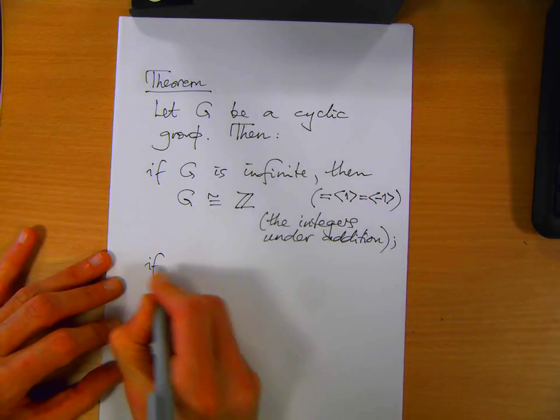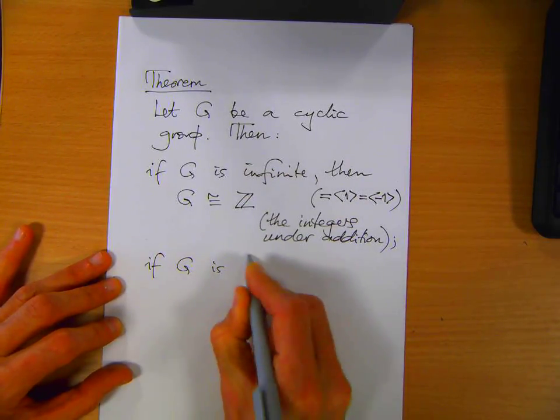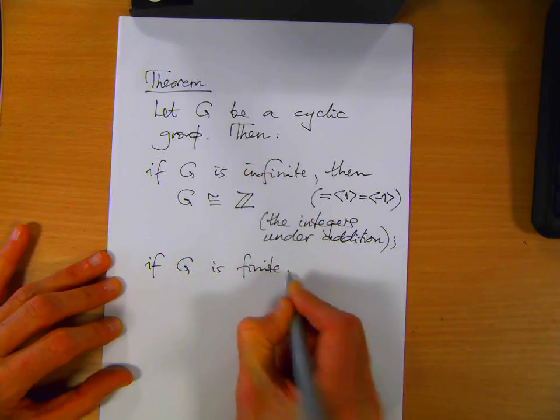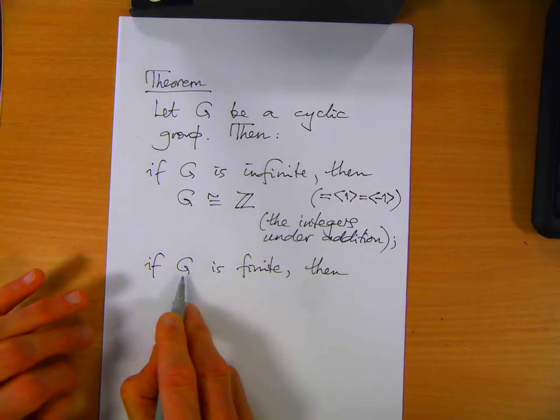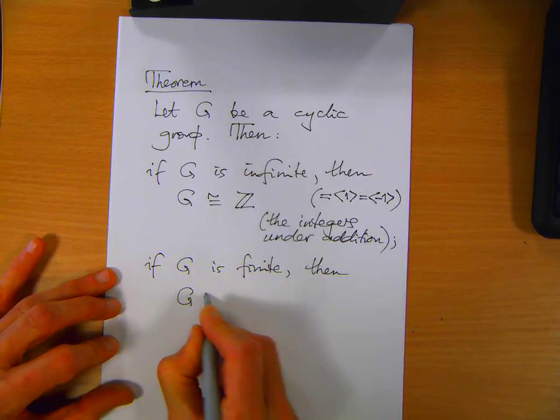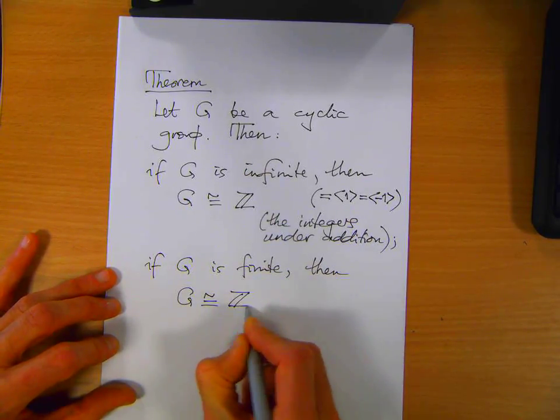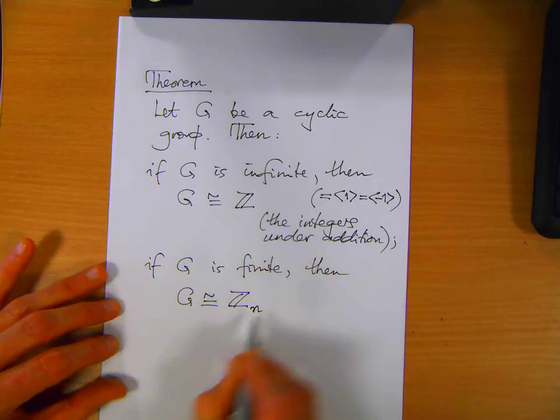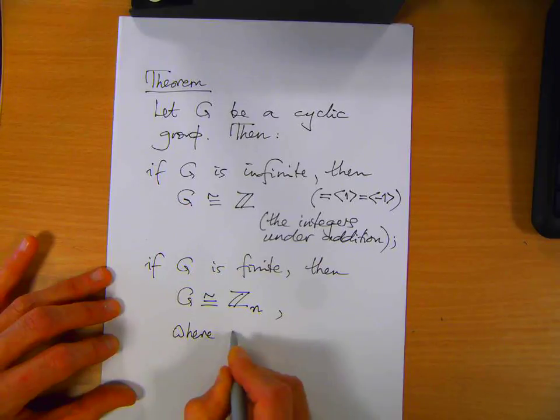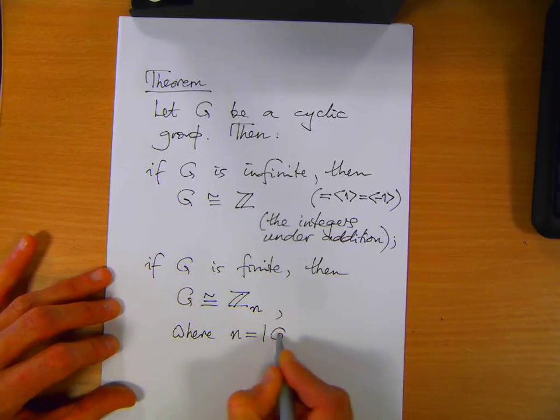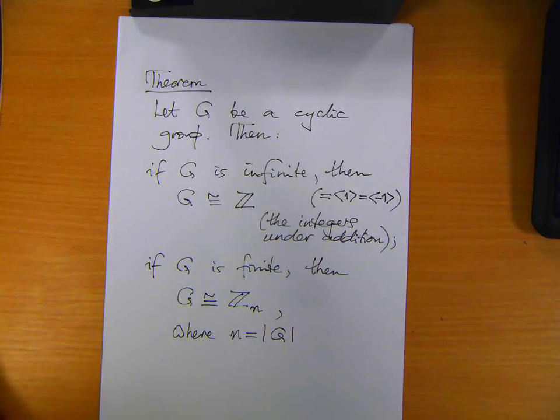Okay? If G is finite, then the only thing we need to know is the order of G, how many elements there are in G, and it's isomorphic to the integers modulo n, where n is the order of G. So if G is a cyclic group of order 17, then essentially it's the same as integers modulo 17 under addition.